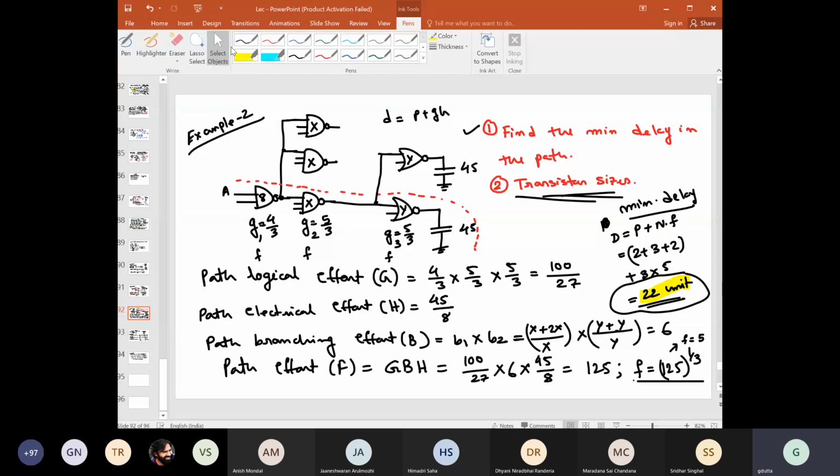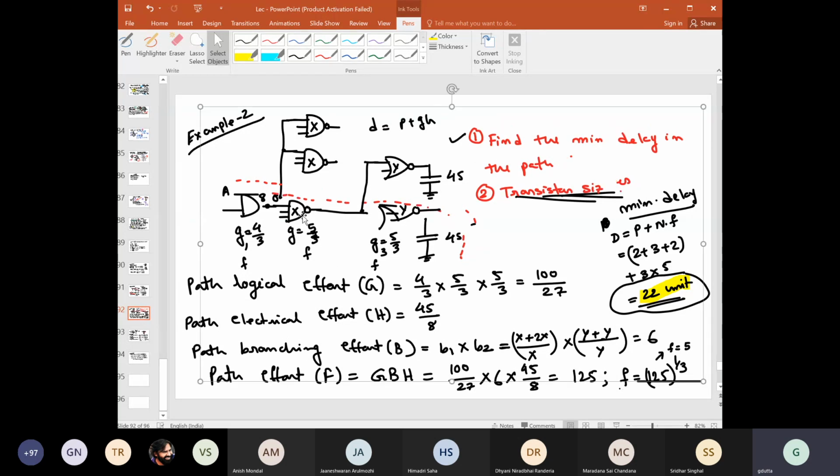In this regard, we have primarily focused on three gates: the inverter, the NAND gate, and the NOR gate, right? But there are other gates as well, for example XOR. So what will happen if you have, suppose here, one XOR gate?